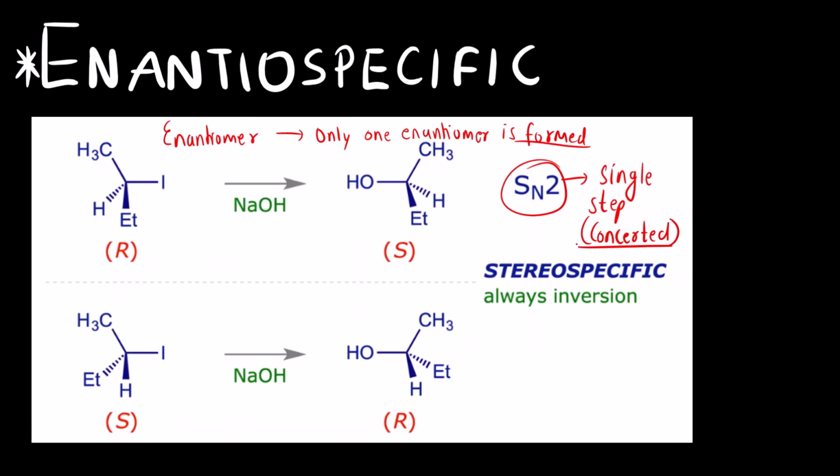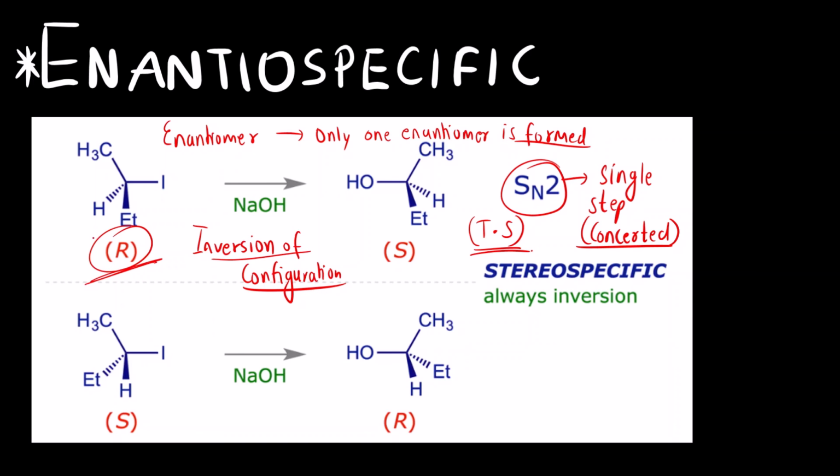Concerted means single step reaction involving a transition state. And here the stereochemistry is always inversion of configuration. What is the meaning of inversion of configuration? The configuration is changed. If the reactant alkyl halide is the R isomer, then the product formed is the S enantiomer. That is, the configuration is inverted.